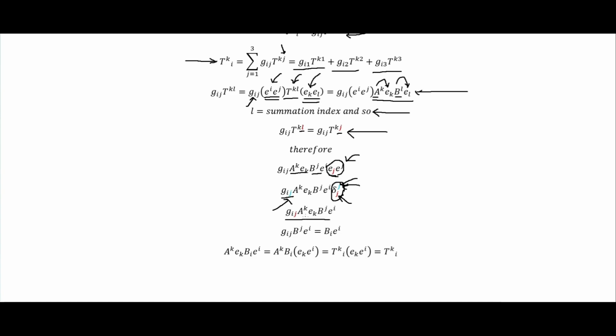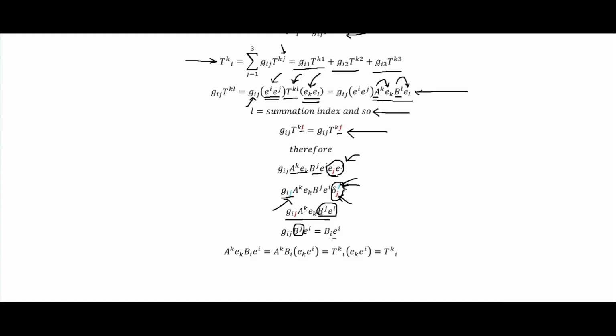So we still have our A^k and e_k, but now we have this B^j, and then this e_i. So this is a contravariant basis and a contravariant component. And so what we can actually do is lower this index here.